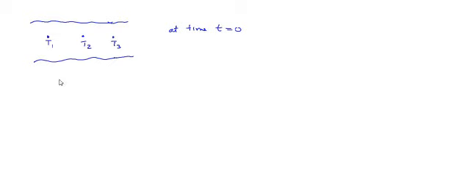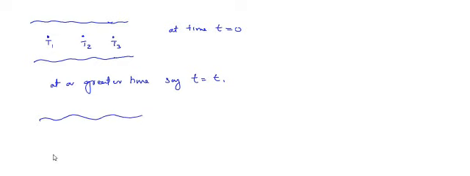Now let us say at a different, greater time, say t equal to t1, we consider the same fluid, and at the same positions let the temperatures be T11, T21 and T31.